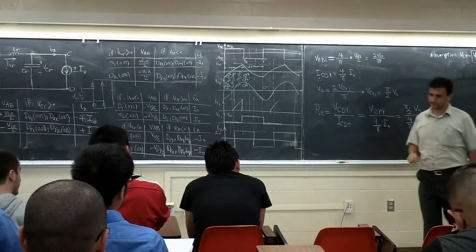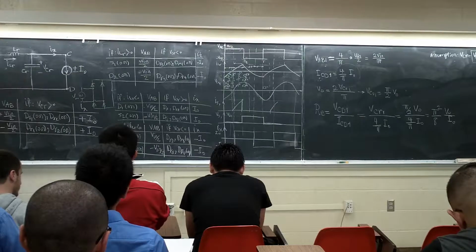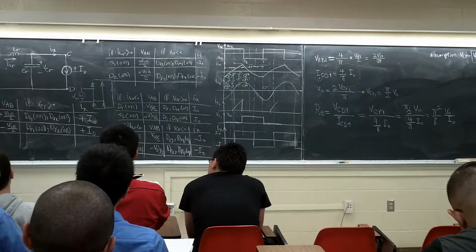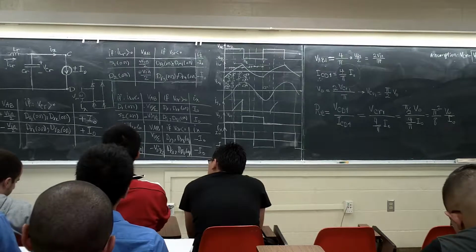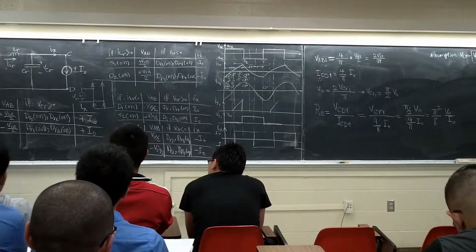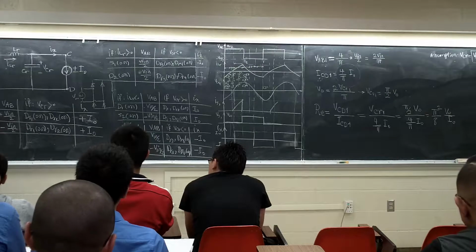How much is V0 over I0? We say this is I0, right? How much is the current here also? It is I0. It is ripple free, so there is basically nothing going here, but in reality we need to have this capacitor. So V0 over I0, how much is it?